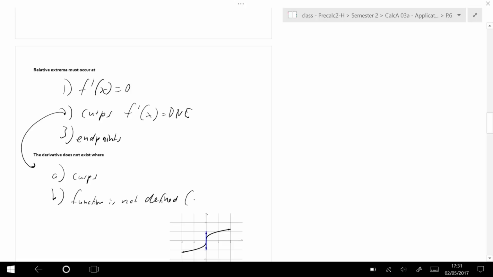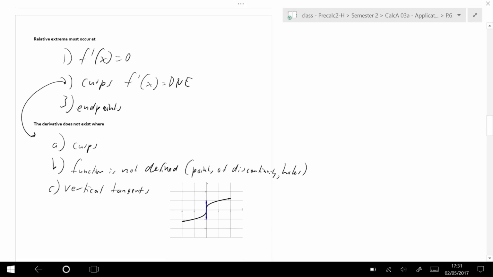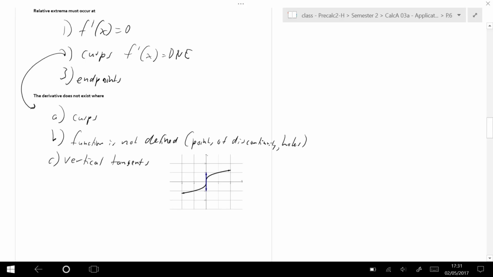We call those points of discontinuity, or holes. And we also have places where the derivative does not exist that are vertical tangents. And vertical tangents do have values to them.